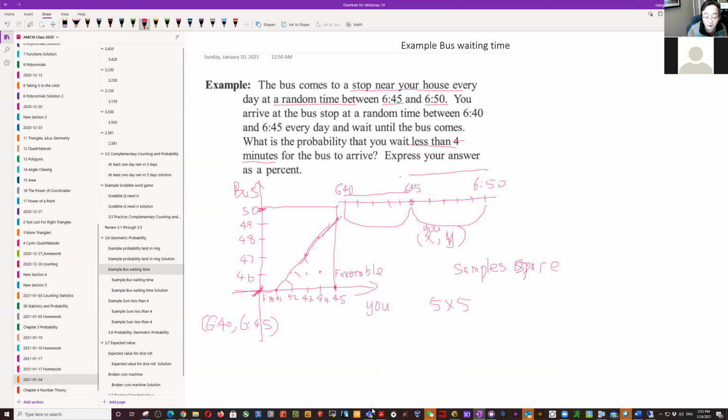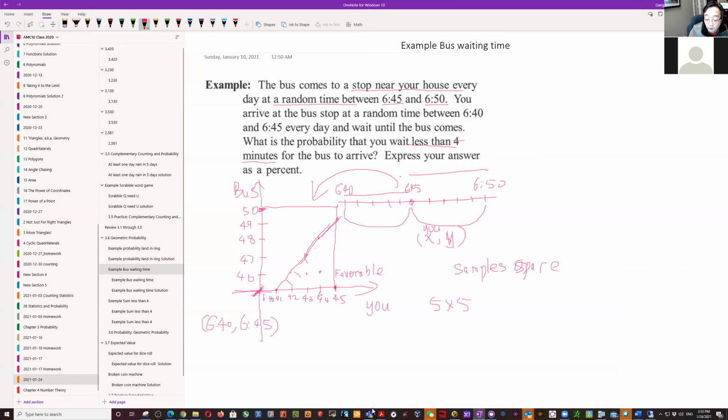So by drawing it this way, we actually convert a linear thing, very difficult to visualize and very difficult to quantify, into a two-dimension area problem, which is able to be calculated and managed.